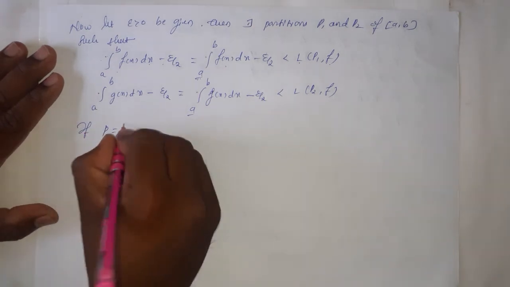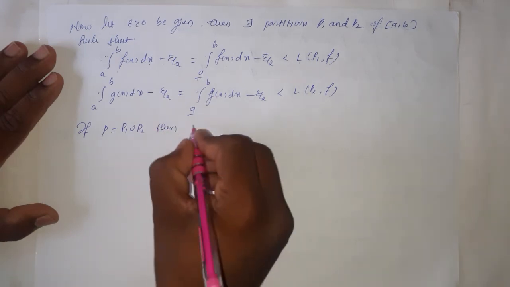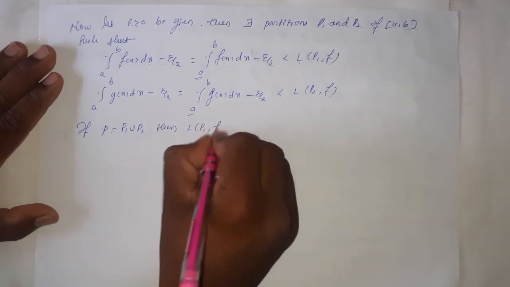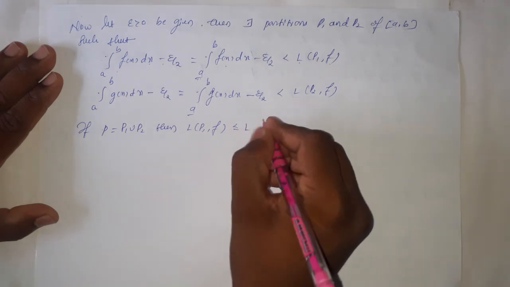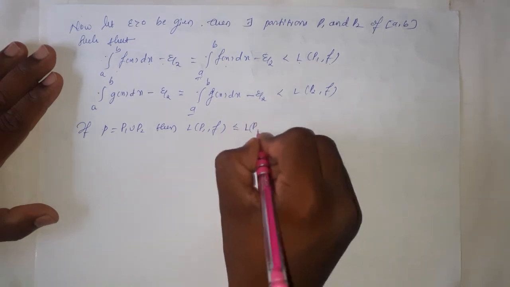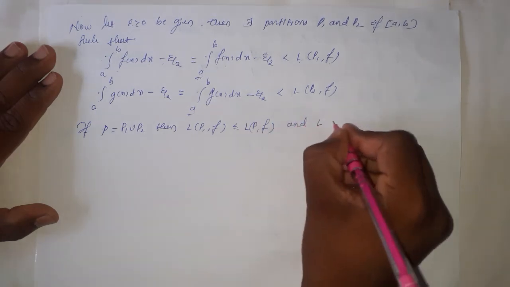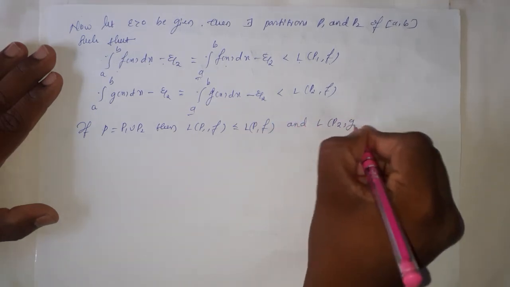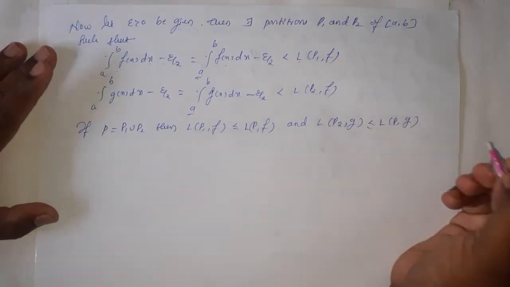Now, if P is equal to P1 union P2, then L(P1, f) is less than or equal to L(P, f) and L(P2, g) is less than or equal to L(P, g).